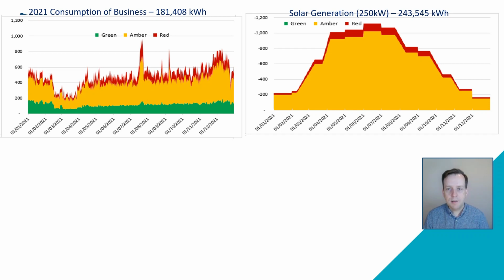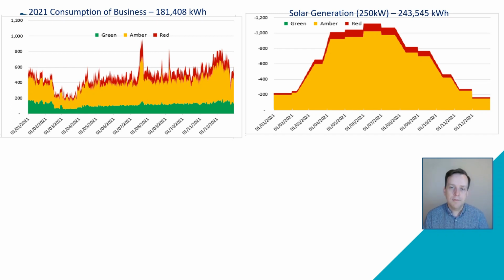So again, you can see the profile according to amber. So naturally there is no green generation because green is effectively nighttime. So the bulk of the generation from solar occurs in the amber periods, and this would be typically between the morning into early afternoon.